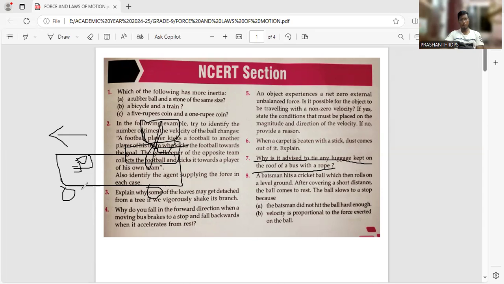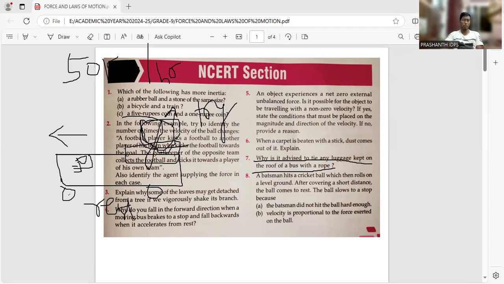Suppose the bus is moving at 50 kilometers per hour. After some time, if he gets to a speed breaker or any curves, he applies the brake. When he applies the brake, the bus comes to rest. Now what about the luggage which is on the bus? The luggage tries to remain in motion, because previously the bus was in motion.